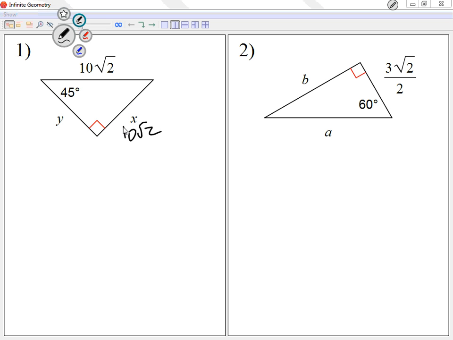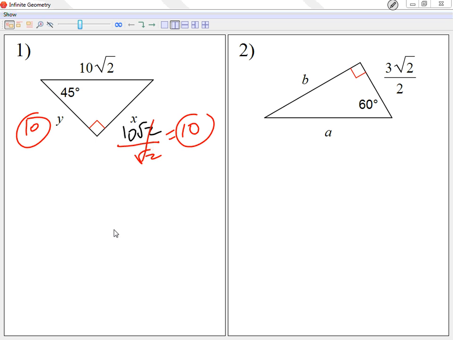Then figure what to do with it. Since we're going to divide by radical 2, I'm going to say divide by radical 2. And then work. I notice the radicals cancel out, so I only get 10. And for y, I get 10, right? The same number. Always write down the number that you have, and then figure what to do with it.